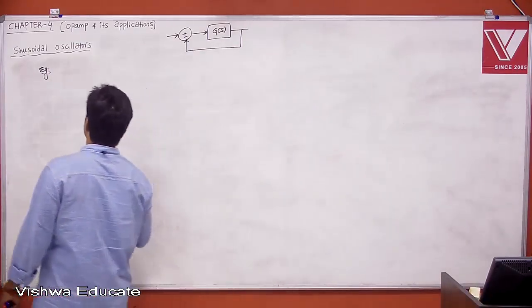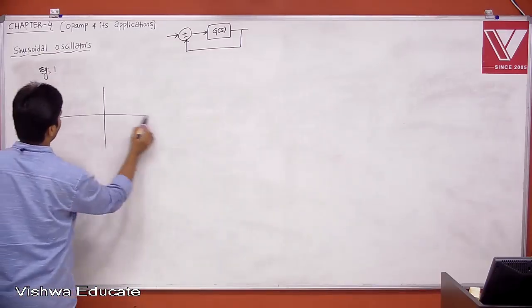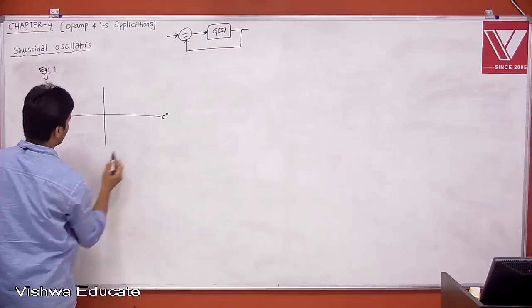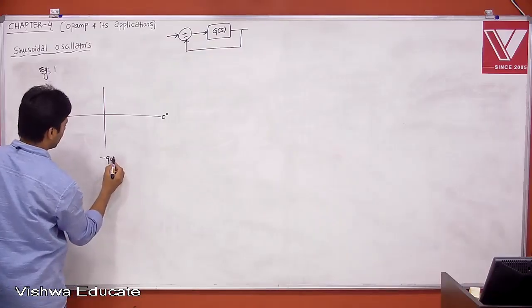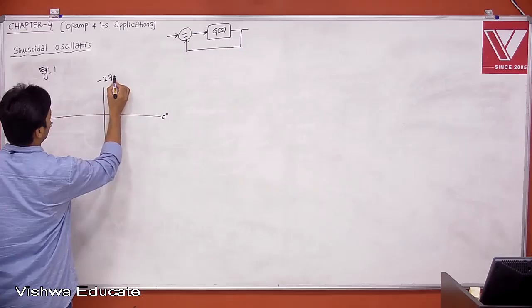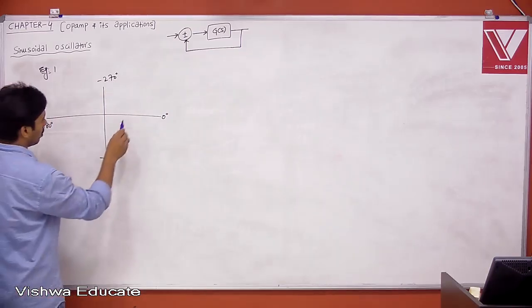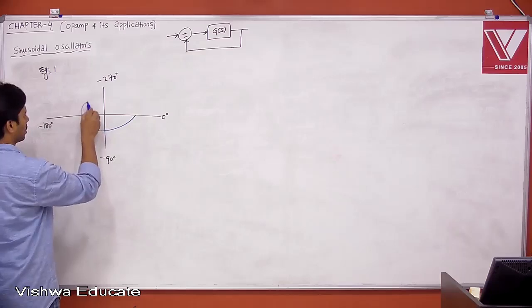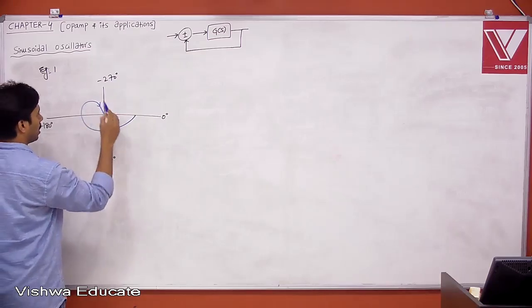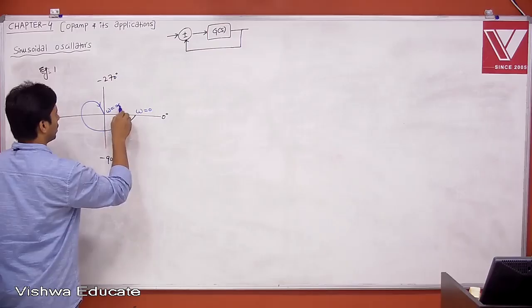Now, for example 1, consider the polar plot like this. This is 0 degrees and minus 90, minus 180 and minus 270. Just listen. Let us say this is the polar plot. This is omega equal to 0 and omega equal to infinity.